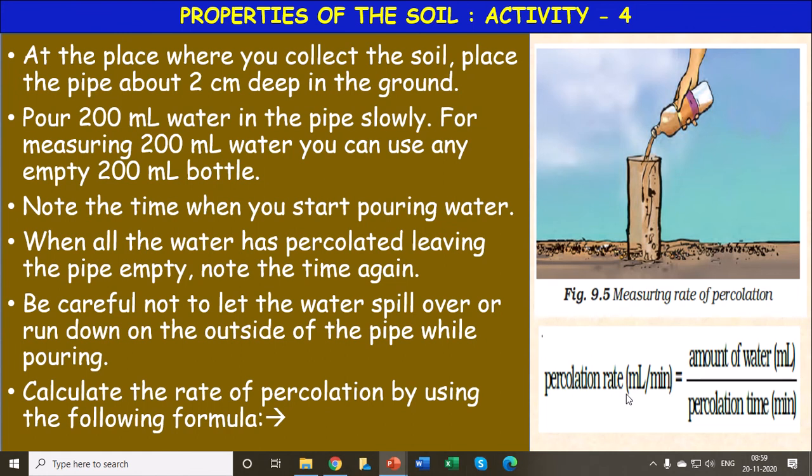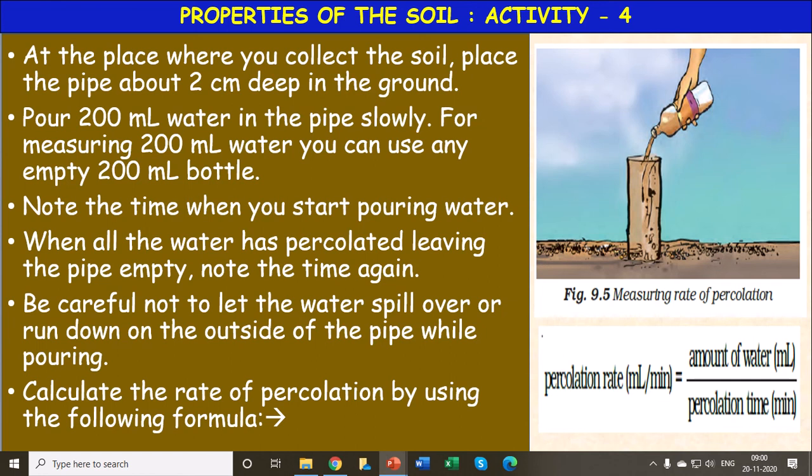Percolation rate, in ml per minute, is equal to the amount of water in ml divided by the percolation time. Here we have taken 200 ml. The initial time and final time we have noted. This is the formula used to calculate the percolation rate, with units of ml per minute, equal to the amount of water in ml divided by percolation time in minutes.